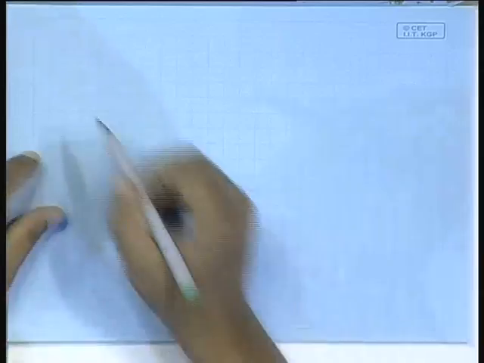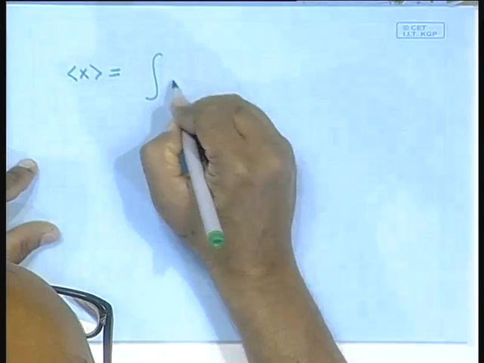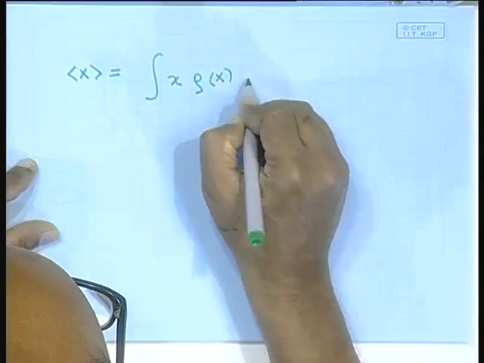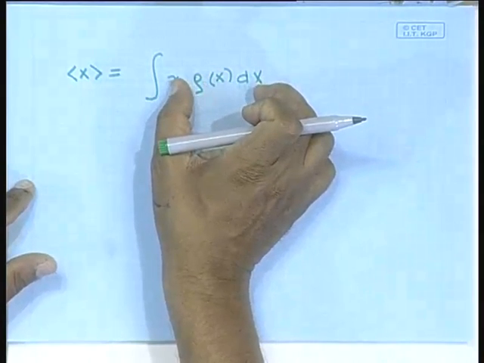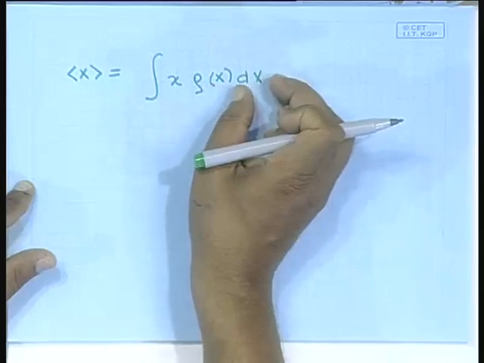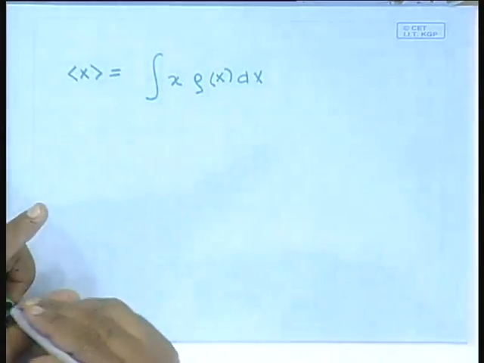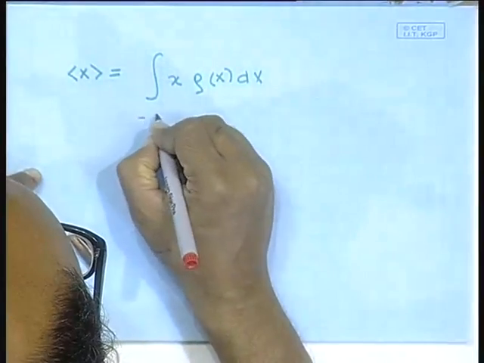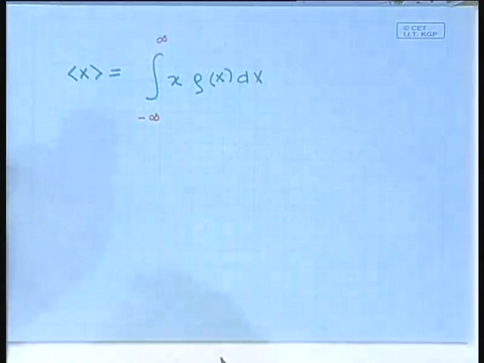You have to replace the sum by an integral, and x rho x dx is essentially the probability of getting a value in an interval dx around the value x. So you have to add this up for all possible values of x. So this in the range minus infinity to infinity will give me the expected value.